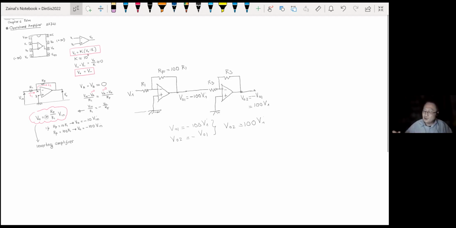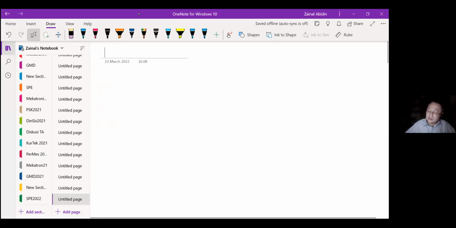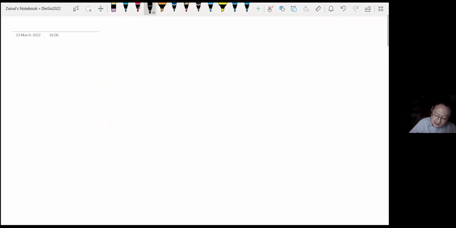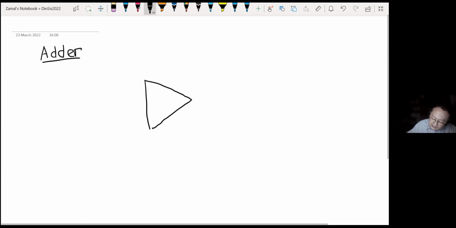Okay, I'll show you the second application. For example, this one is this one. So we use it as an adder. For the adder, for example, you can use something like this, minus and plus. It is still the same as this one, because this is just an extension of the previous one.